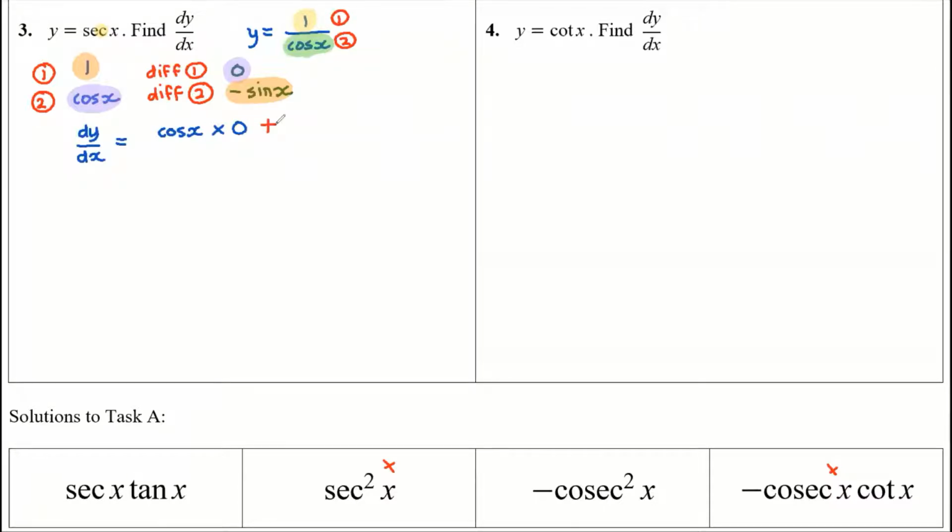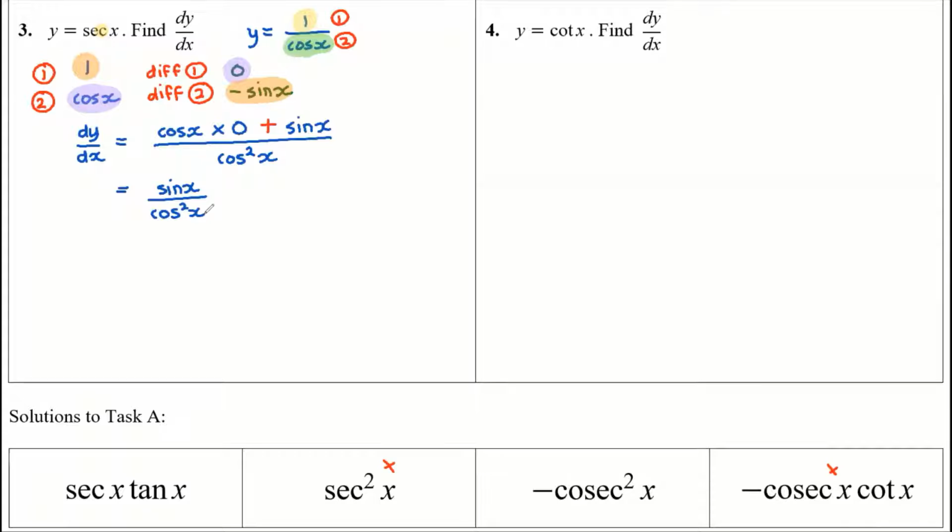So plus sine x. Hope that's clear. And all over function 2 squared, so that's cos squared x. Like I said, that first term is going to be gone, so we're left with sine x over cos squared x.